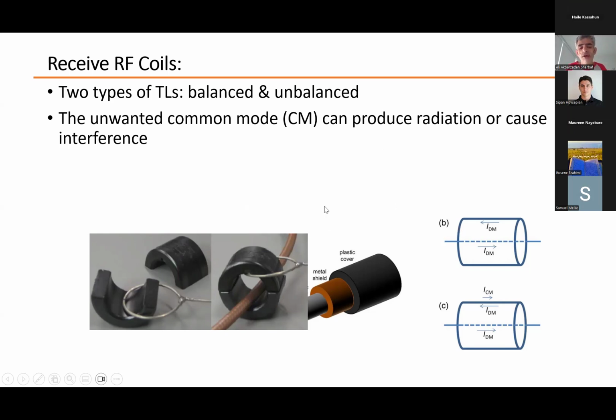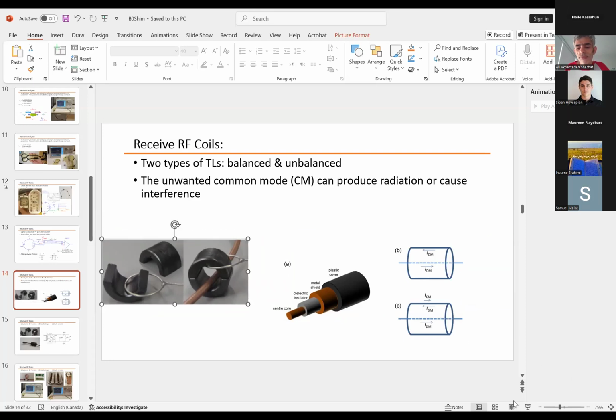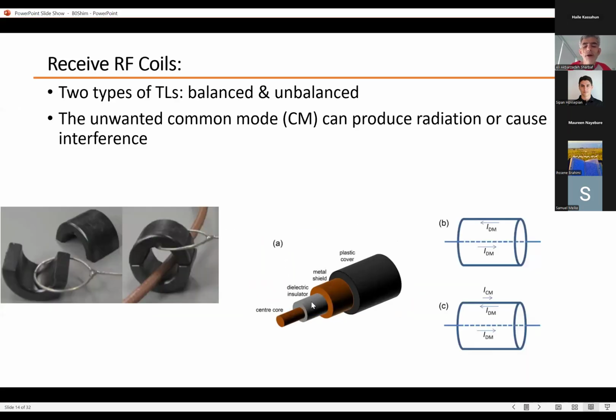But in case of coaxial cable, it's no longer the case because coaxial cable has an inner core like this, and an outer shield, and it has a thickness.